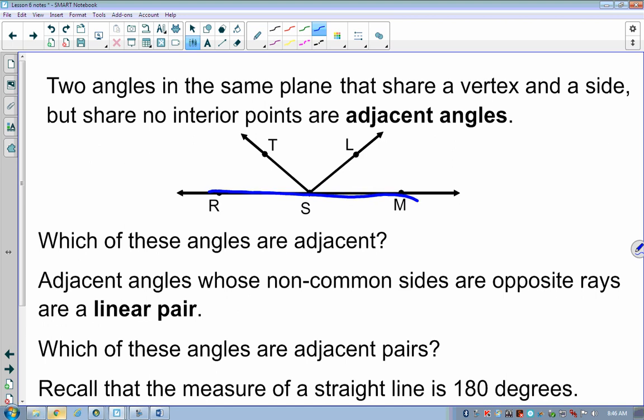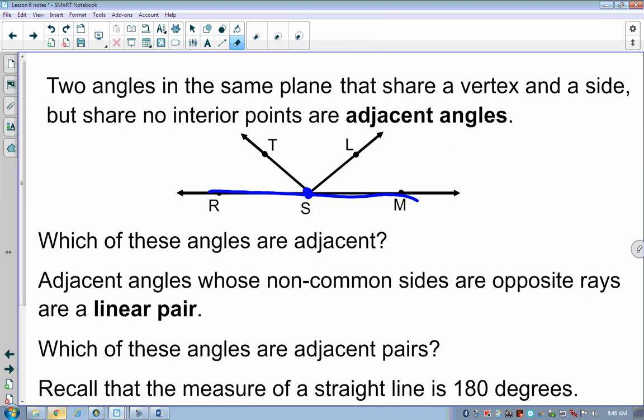RSM is a straight angle, but it's not going to technically be adjacent with anything because it would share a vertex with the other angles, but they're going to be interior to RSM. And so they can't be interior and still be adjacent. Like it can't be inside of.